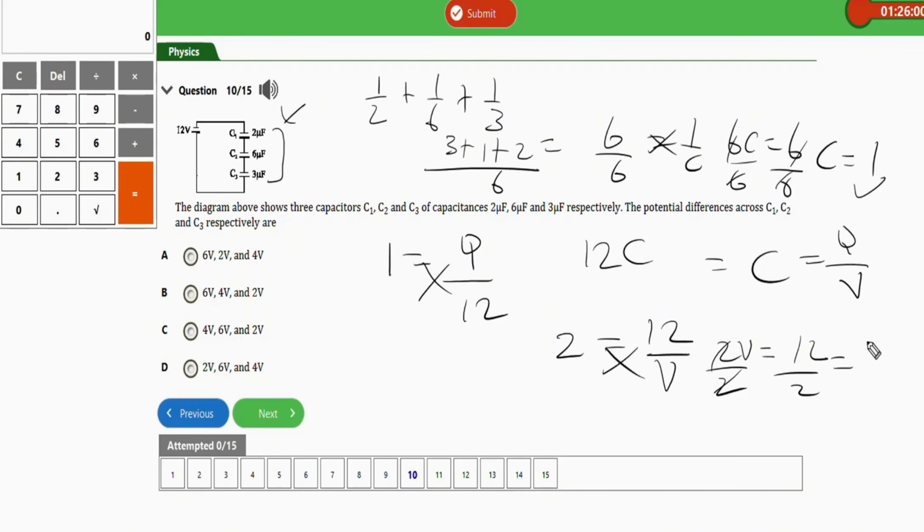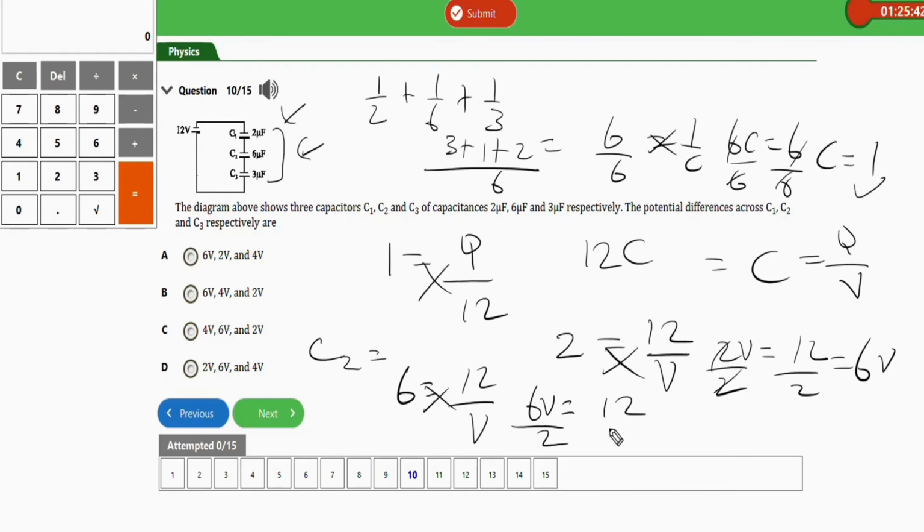So it will give you 6 volts. For C2, we have 6 microfarad. So it gives us 6 equals 12 over V. Cross multiply, we're going to have 6V equals 12, divide both sides by 6. So your V here is 2 volts.